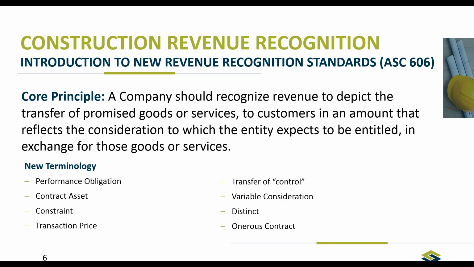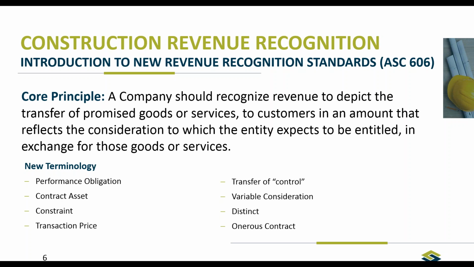I just want to give the audience background of how this all evolved. With these new revenue recognition standards, sometimes you scratch your head and ask yourself, why are they changing the methodology that we're comfortable using? I would say probably the reason is there's a convergence to IFRS, which is the international standards.